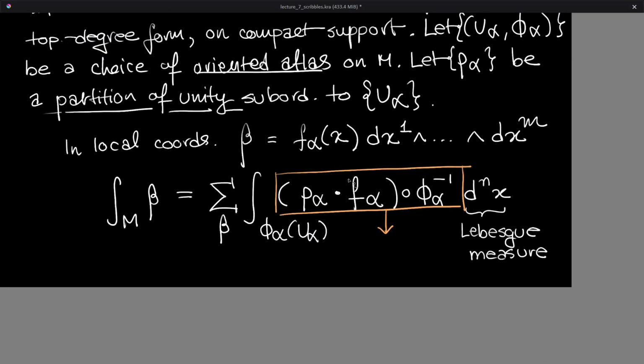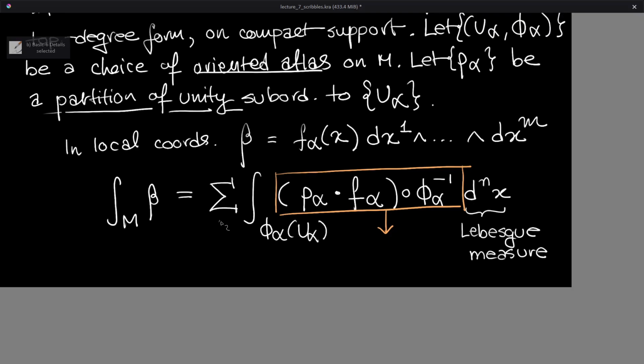So this is the actual value that we're trying to add, right? Where we're trying to add the value of f alpha at the point that we're considering. So then once we have that, this is the weight of the value of f alpha in the alpha chart. And then we're summing it over.